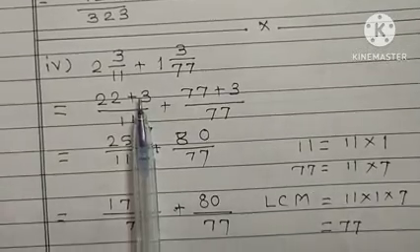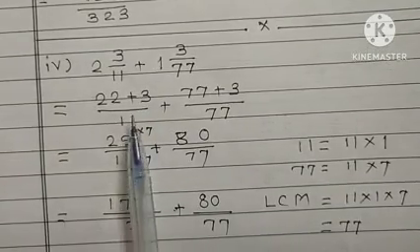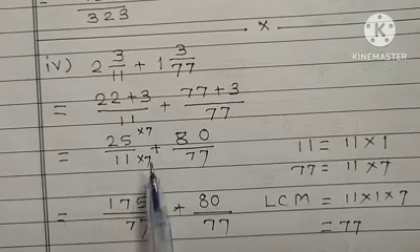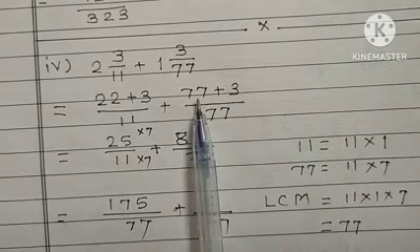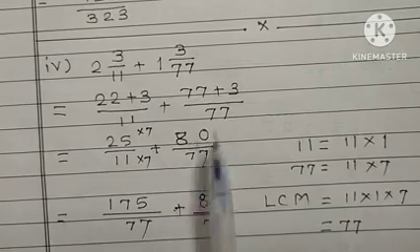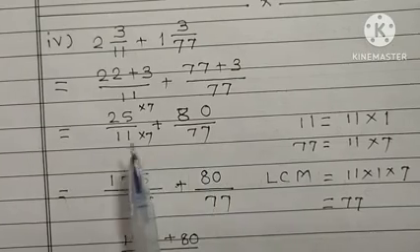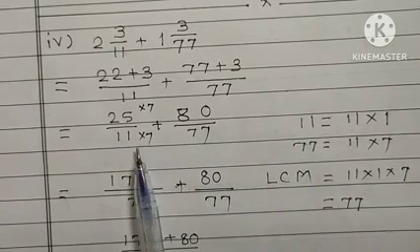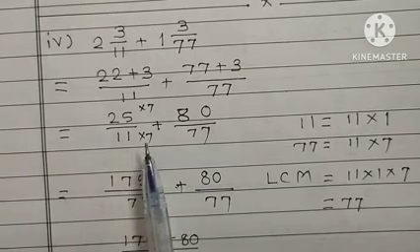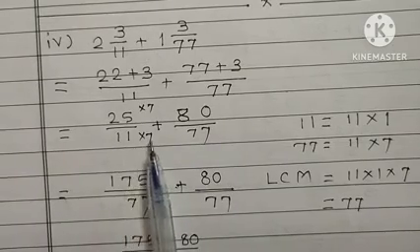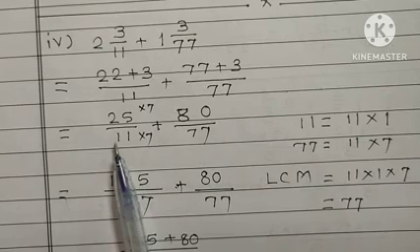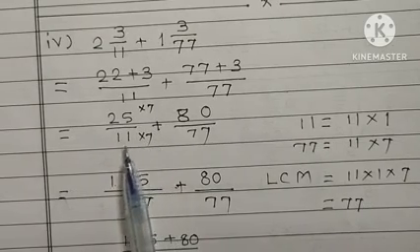Now 22 plus 3, that is 25 upon 11, plus 77 plus 3, that is 80 upon 77. Now taking the LCM of these two, multiply by 7 to 11. It will give you 77.